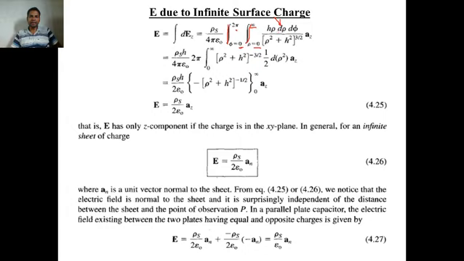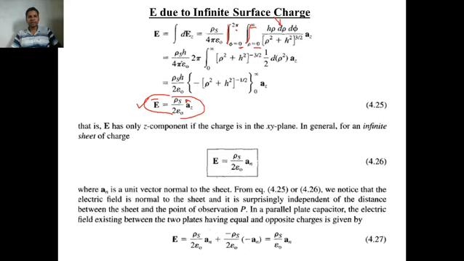By separating the parts, at the end we get this particular formula, rho s upon 2 epsilon 0 az cap. So this is the final formula of electric field intensity due to infinite surface charge. In this formula we obtained E bar is equal to rho s upon 2 epsilon 0 az cap.